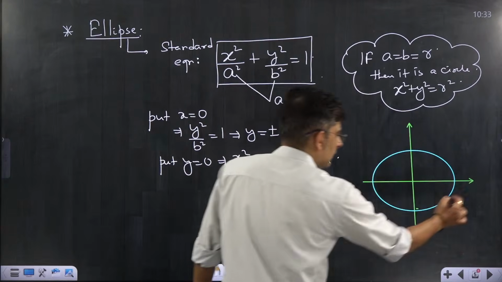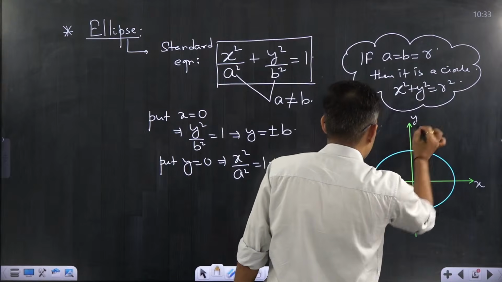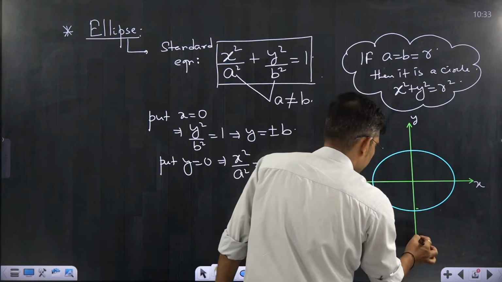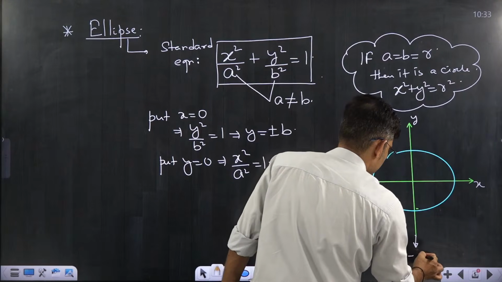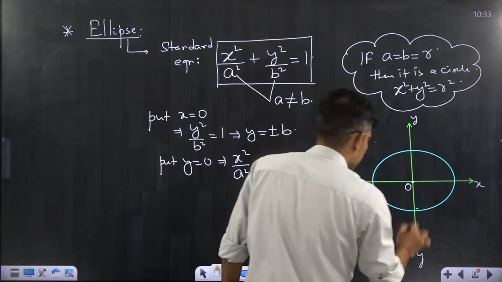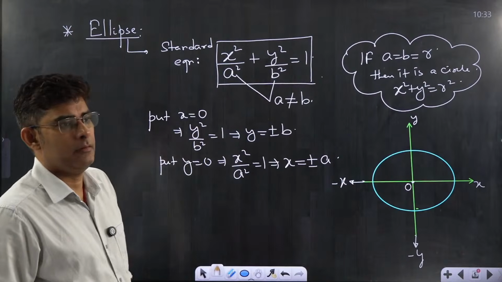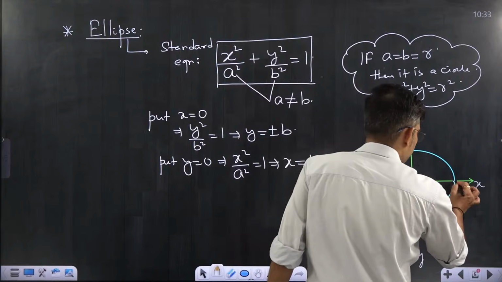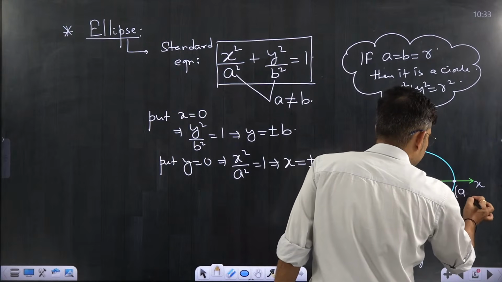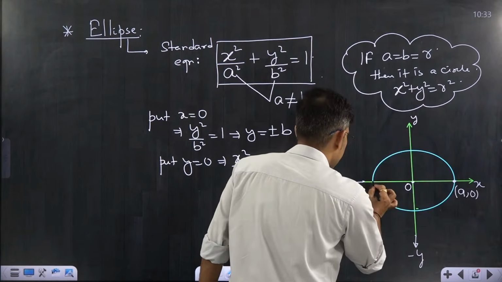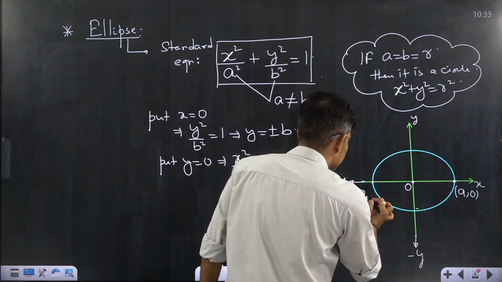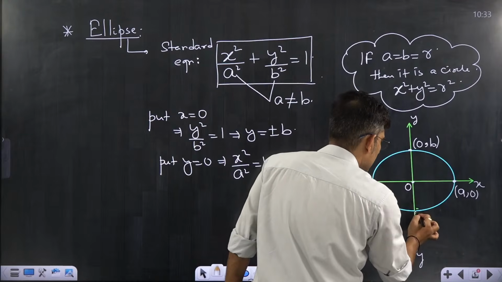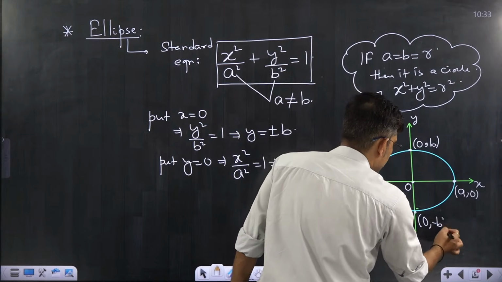So this is an ellipse. Now here, if you see the coordinates, it is cutting at x equals plus a and x equals minus a, and at 0 comma b and 0 comma minus b.